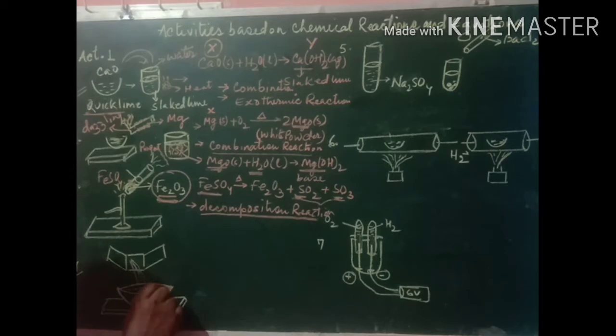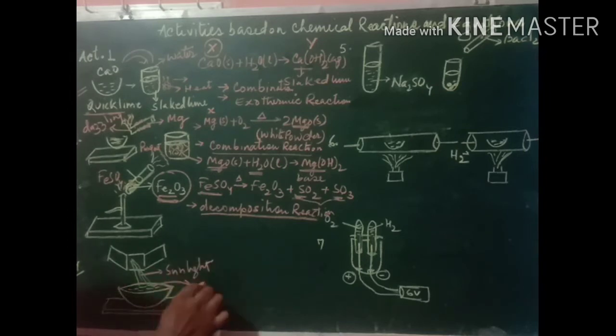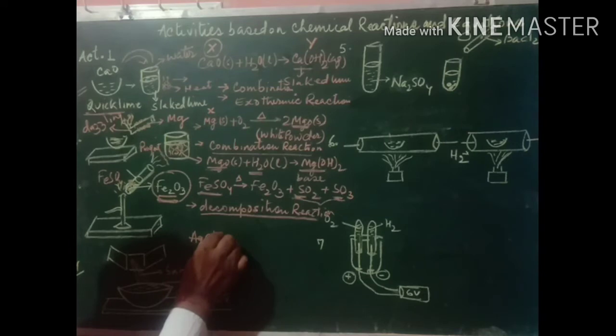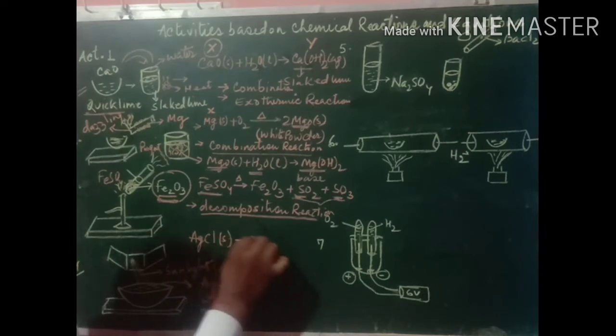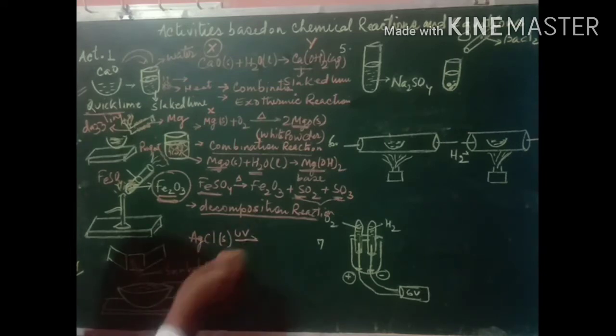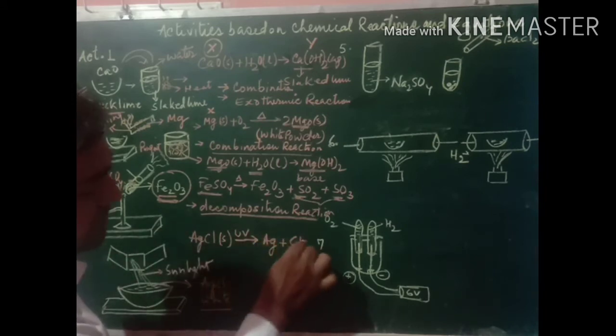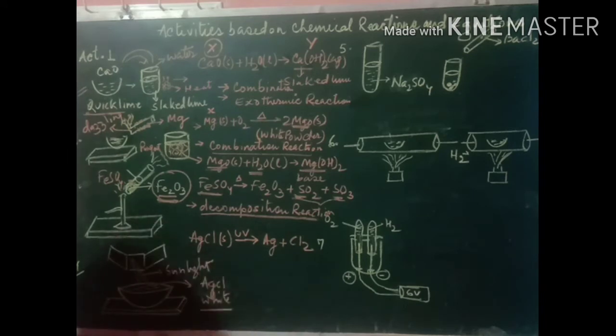Okay, now see here, this is sunlight, and this is a white powdery substance, AgCl. When this AgCl is kept in sunlight for some time, it takes in ultraviolet rays and breaks into Ag plus Cl2.